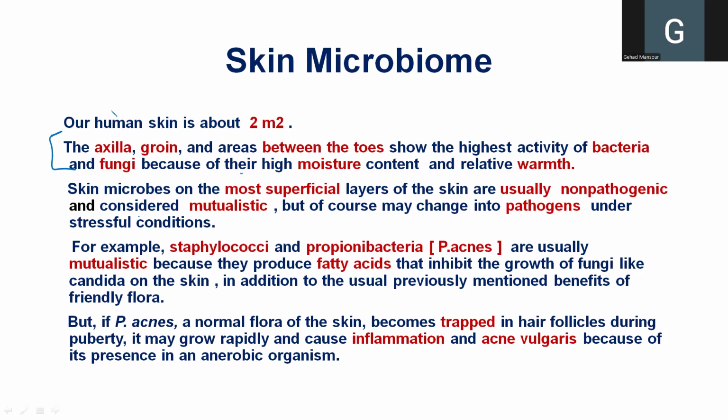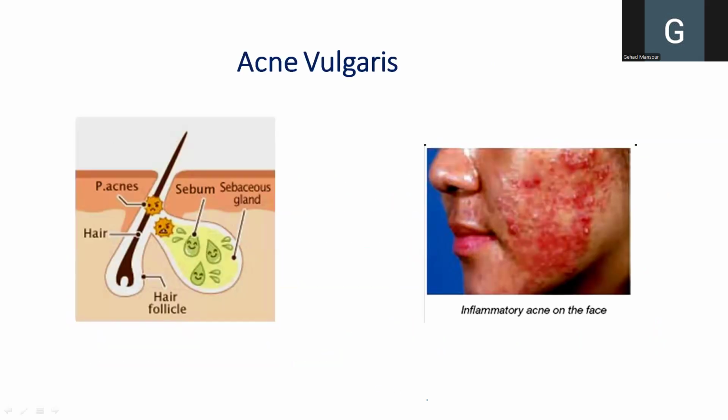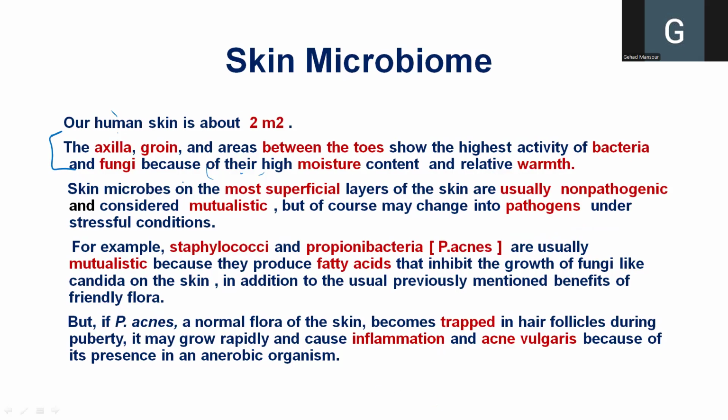Or I might ask you to list or to give examples of areas that are famous for having a lot of bacteria and fungi. So you would say the axilla, the groin, and the areas between the toes.